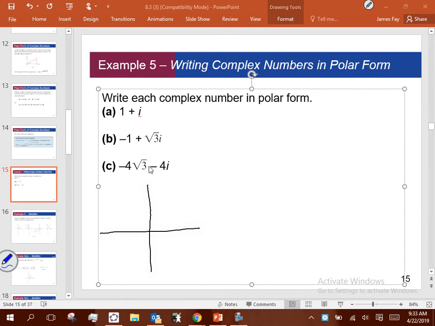So -1 plus root 3. I'm going to go over on my real axis, -1. I'll go up on my imaginary axis, root 3. Root 3 is about 1.7. So there's Z equaling -1 plus root 3 times i.